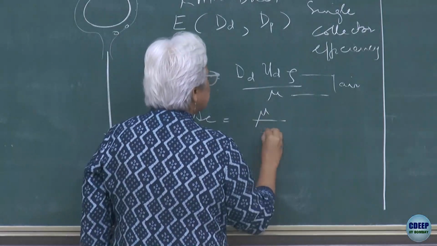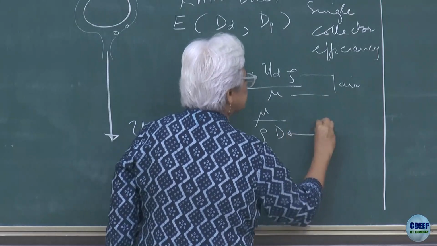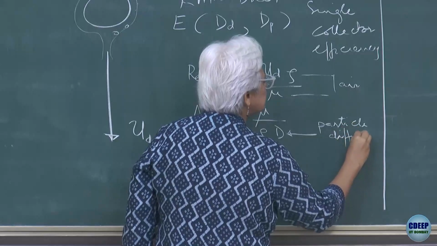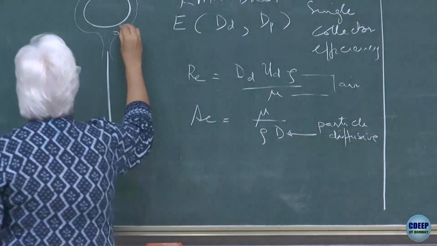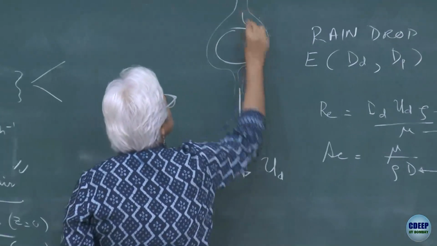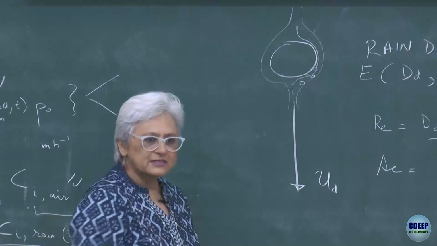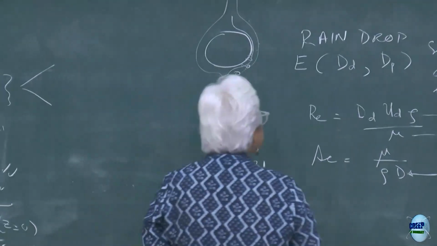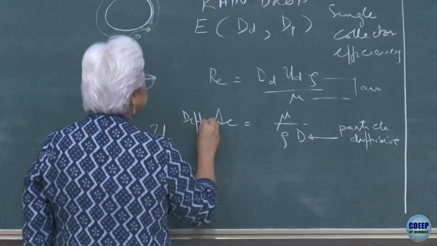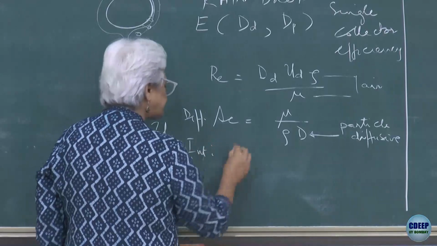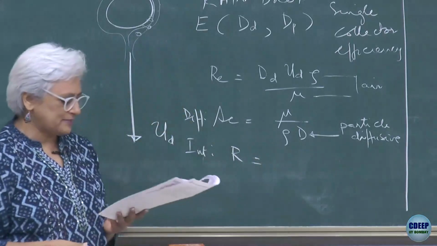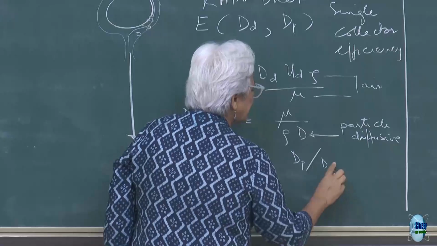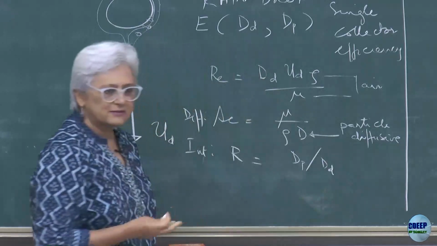Our Schmidt number is going to be in terms of the particle diffusivity, right, because it is still the particle that, if it is a diffusive particle, has to find a way from the streamline to the settling drop, right. So here we have our particle diffusivity. Interception, so this is diffusion. The same interception parameter that we had, which now is a particle diameter by a drop diameter, right.